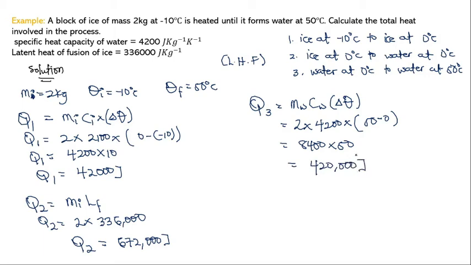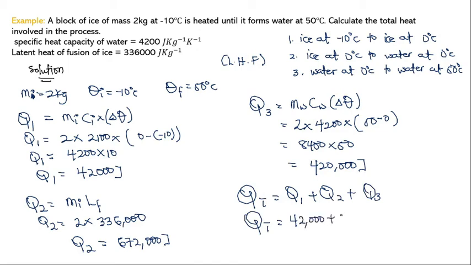joules. All right, so our total heat energy involved in this process, which is Q total, is the sum of Q1 plus Q2 and Q3. So it means our Q total will be the sum of 42,000 plus 672,000 and 420,000 joules of energy.